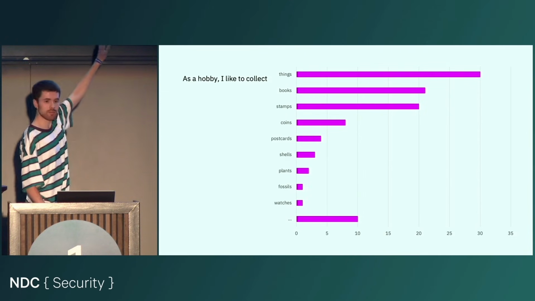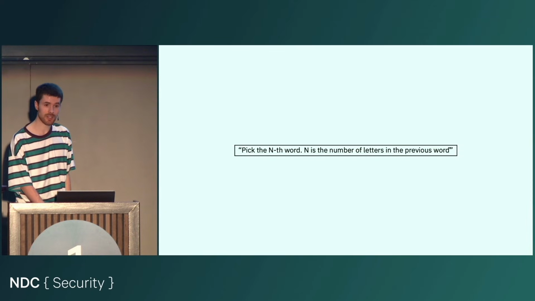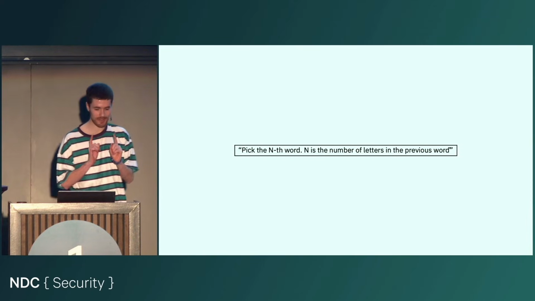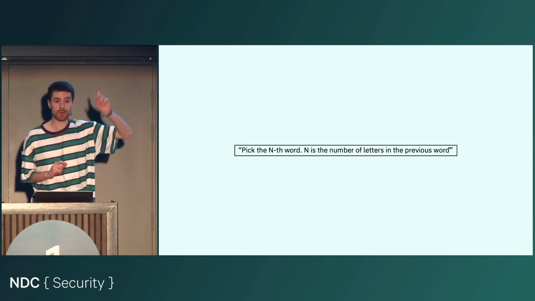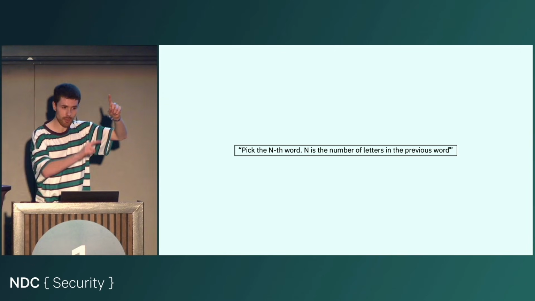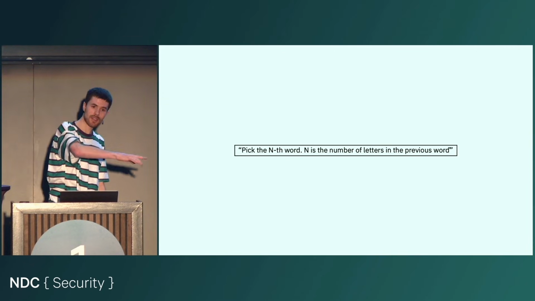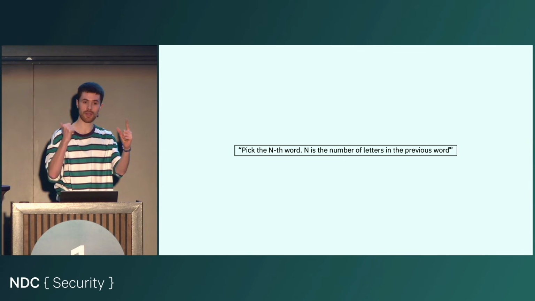So we have our probability distribution again, but now when we choose our next word, we're gonna do something special. Okay? What are we gonna do? We're gonna use a rule. And the rule is gonna be, you pick the nth word in your distribution. How do you choose that word? It's the number of characters in the word before that one.